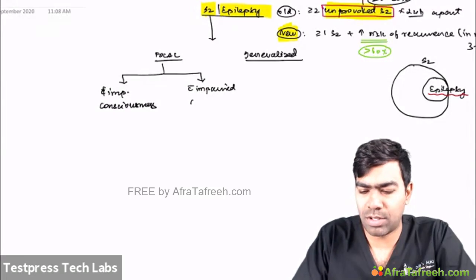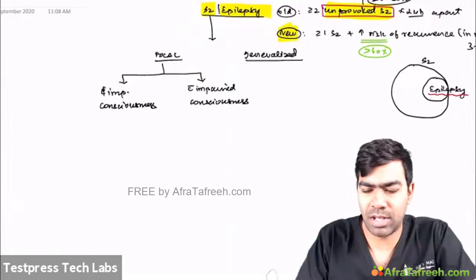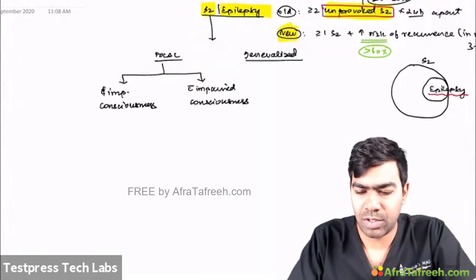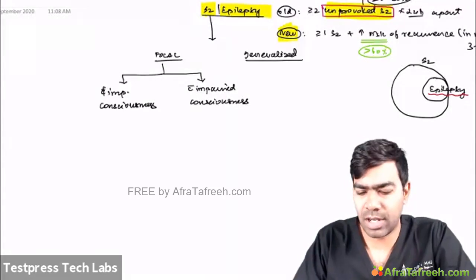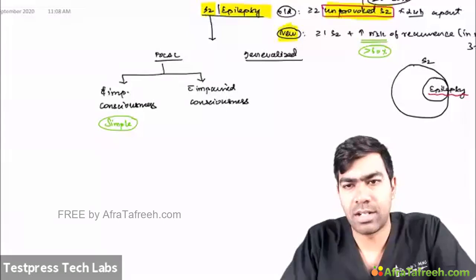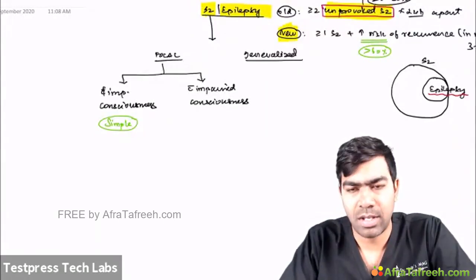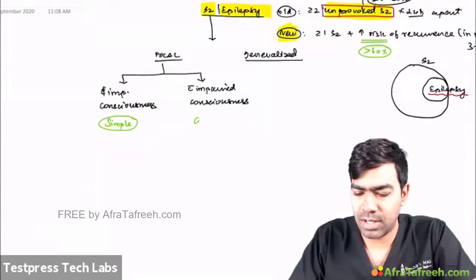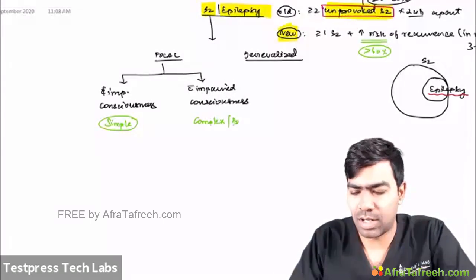This is the current classification, even though previously there have been many names given to that. For example, focal without impaired consciousness was previously given a name called a simple partial seizure. Everyone knows that. And focal seizures with impaired consciousness previously were called complex partial seizures, or seizures that are focal with dyscognitive features.